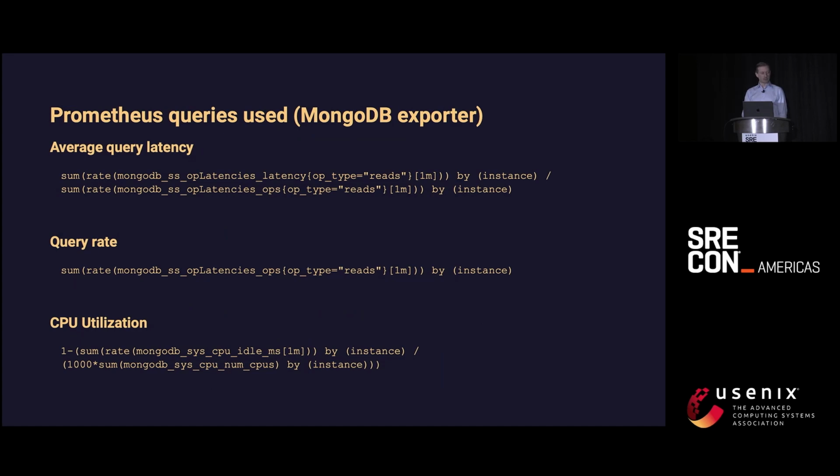Just for fun, these are the Prometheus queries I used. Like I said, they're literally just using stuff from the MongoDB exporter, which pulls from the MongoDB server status, its operations latencies, and then the count of operations. I did a little bit of jumping through hoops for CPU utilization to turn that into a not idle percentage.